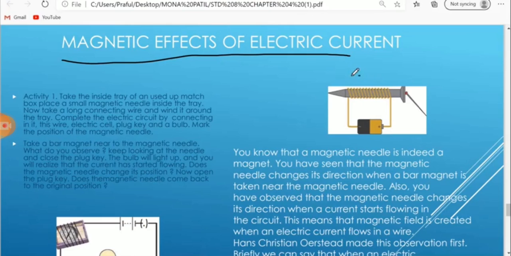This means that a magnetic field is created when an electric current flows in a wire. Hans Christian Ørsted made this observation first.